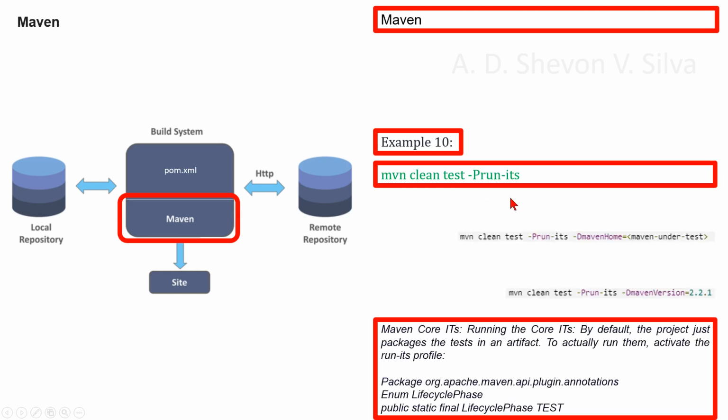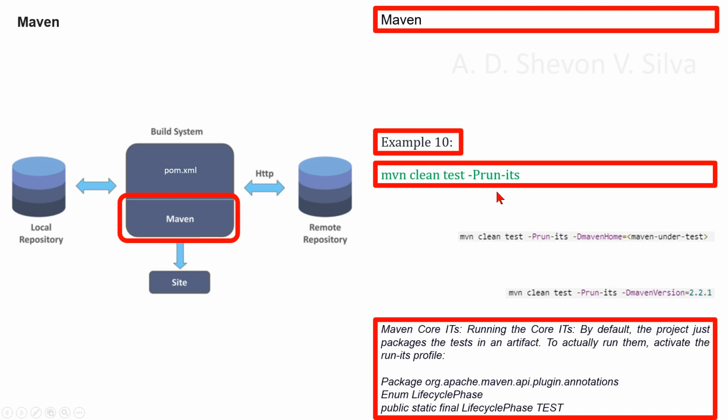Now we are considering running the core ITs in Maven core ITs. By default, the project just packages the tests in an artifact. To actually run them, activate the profile run-its.